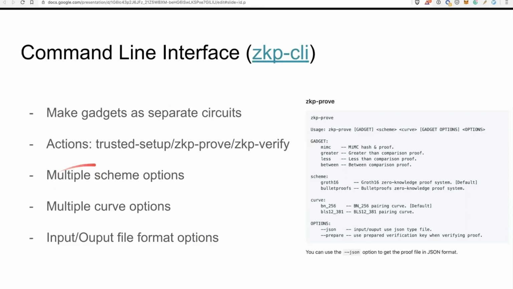We also have multiple scheme options and curve options, and we can choose the input and output format, such as JSON format. We got examples. Let me try to explain this command and the output one by one.